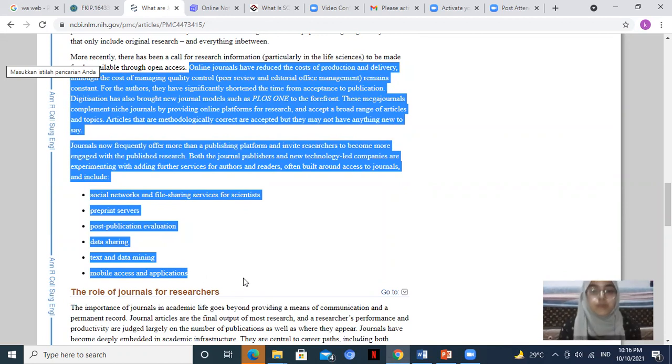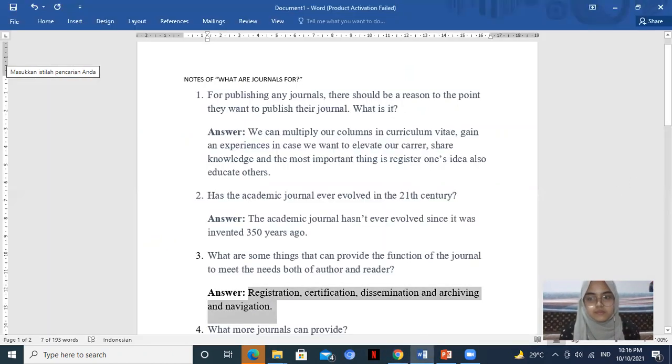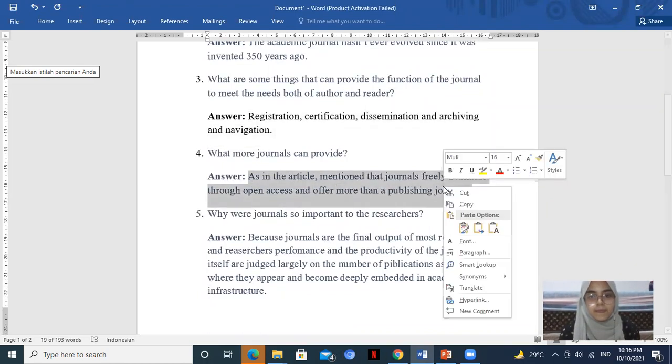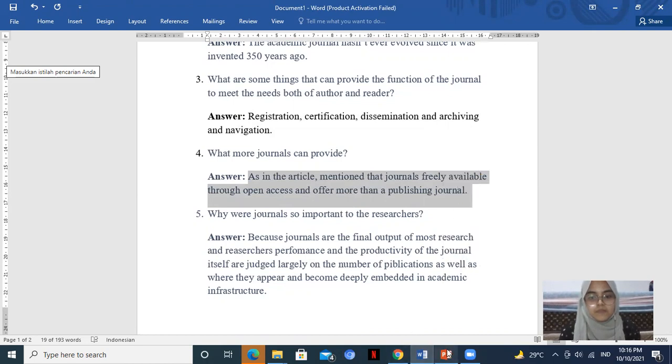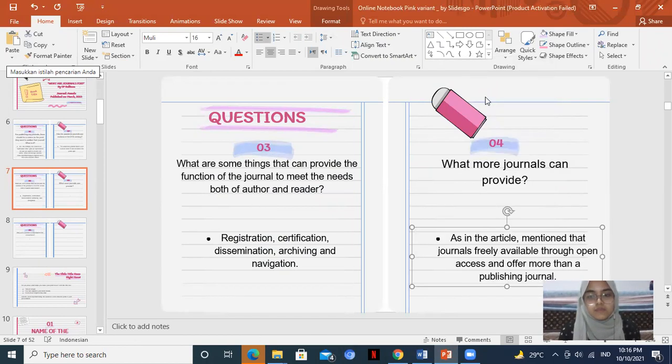And I answer in my words, as the article mentioned, that journals are freely available through open access and are more than a publishing journal.